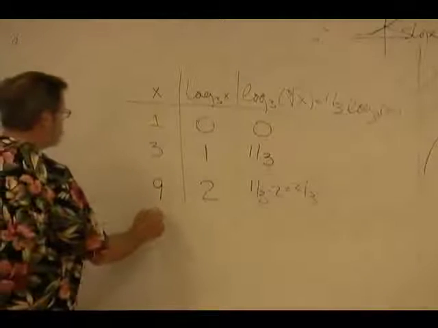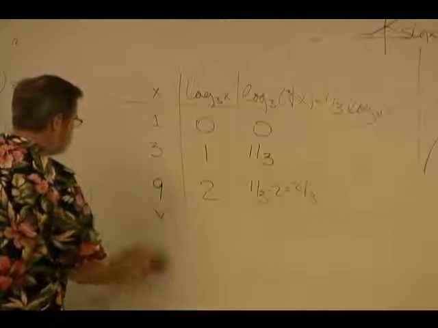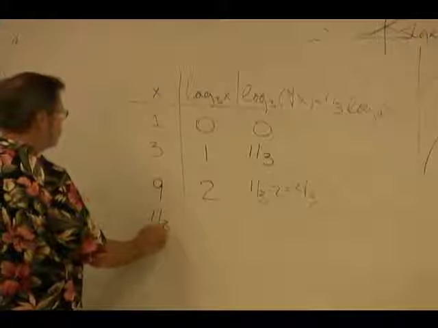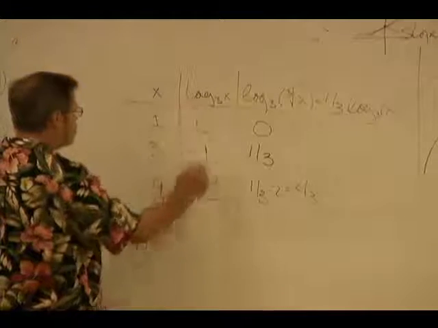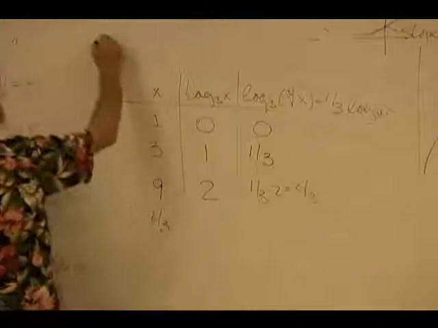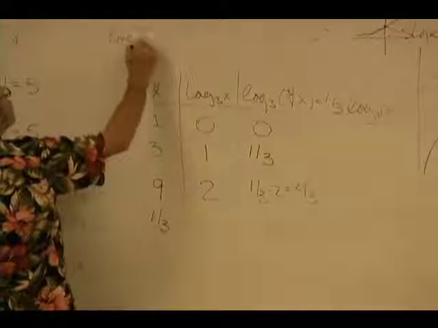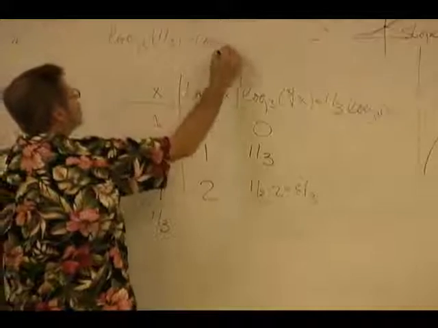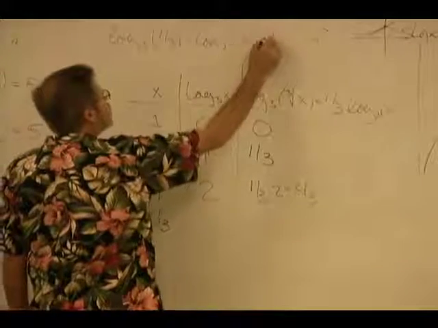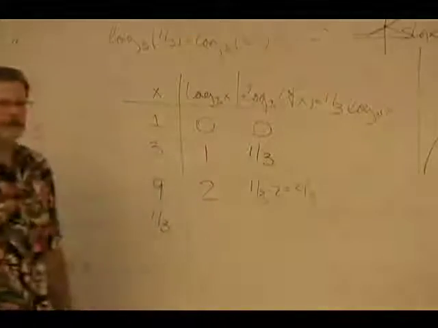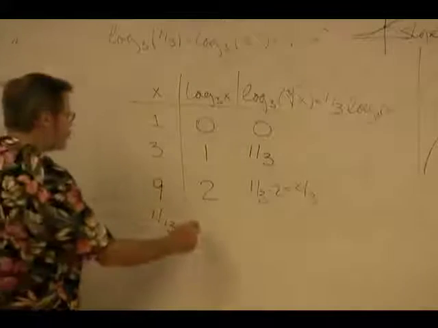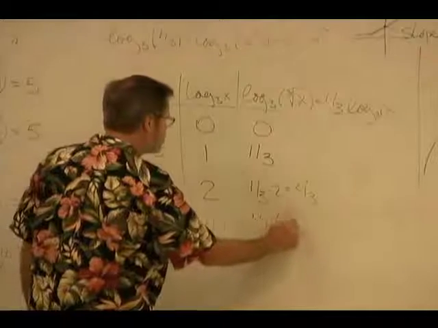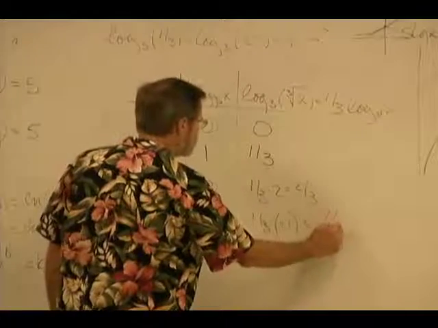For x equals 1/3, let's go to the other side. Log to the base 3 of 1/3 is log to the base 3 of 3 to the minus 1, which is minus 1. So this term is minus 1, and this term is 1/3 times minus 1, or minus 1/3.